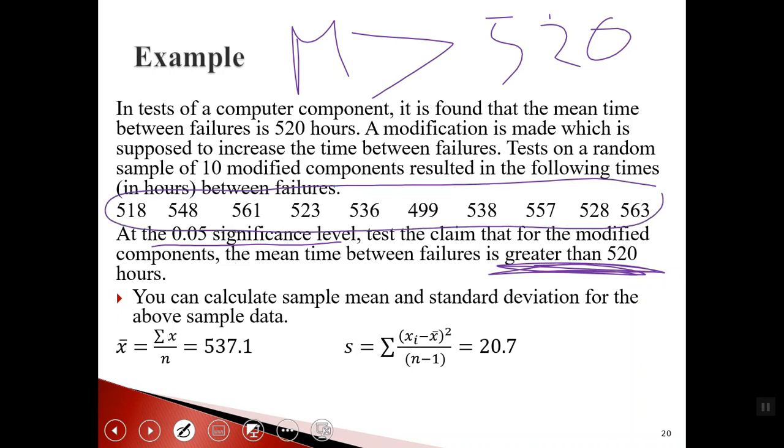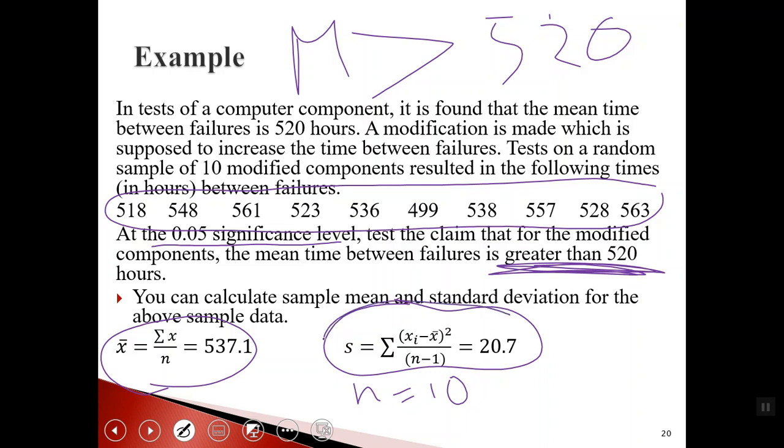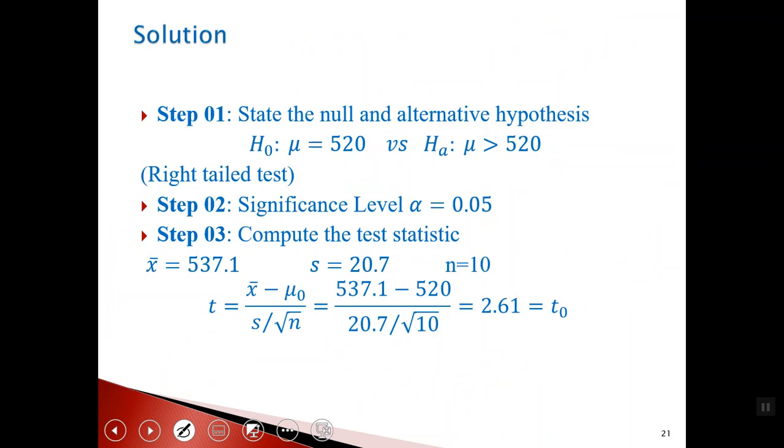How many observations? 10, so n equals 10 here. You have to calculate your x bar and s using this formula, which you can find in your formula sheet. Calculate these two values, then you are ready to go.